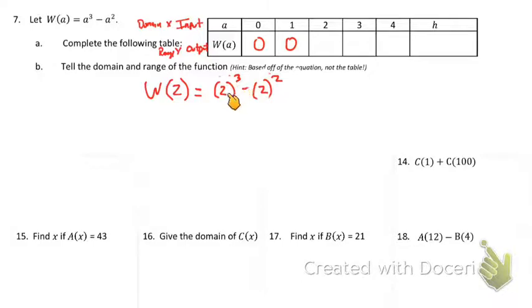We might start needing our calculator now. 2 to the third power is 8. 2 times 2 times 2. Don't make the mistake of thinking this is 6. It's 2 times 2 times 2. Let me write that down. So that is 8 minus, and then 2 times 2, and that's 4. 8 minus 4 is 4.